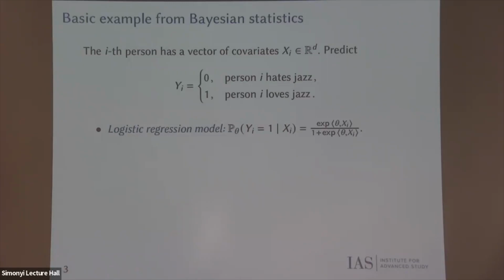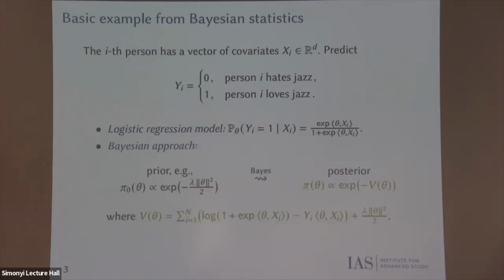Now, if you want to adopt a Bayesian approach to this problem, then you specify some prior belief, some distribution over the possible thetas. Then Bayes' rule will tell you how to update your prior belief to give you a posterior distribution. If you work out what Bayes' rule tells you for this problem, you get a posterior of the form e to the minus V, where V is this function.